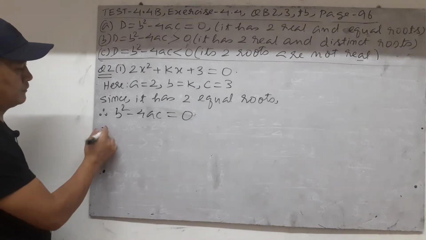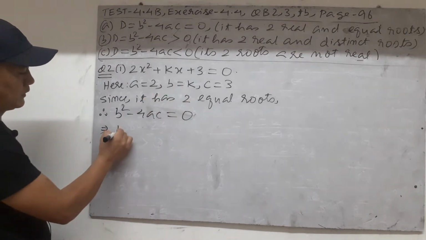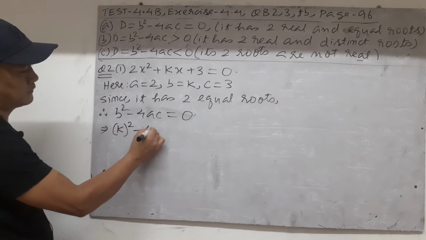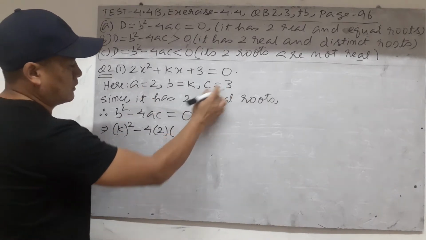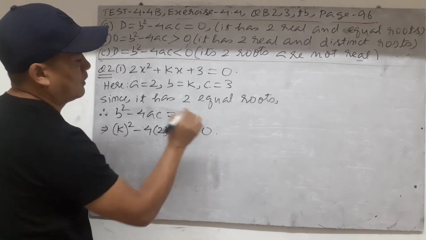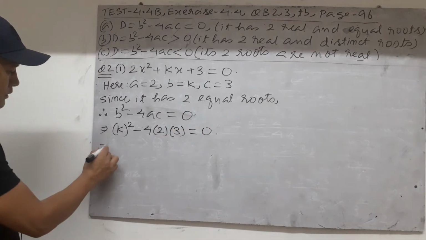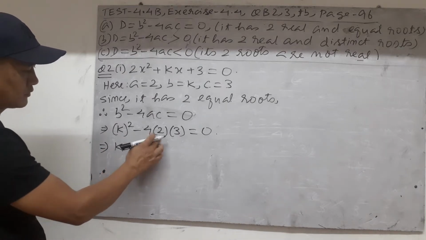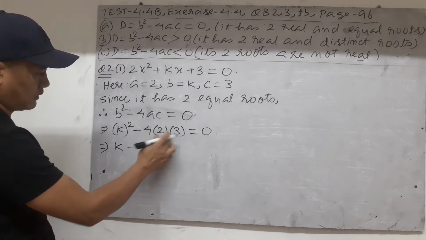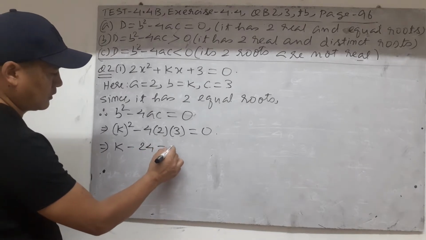Then that implies b here is k, so k squared minus 4 into a is 2, c is here 3, equal to 0. So here we are going to write k squared minus 4 2s are 8, 8 3s are 24, is equal to 0.